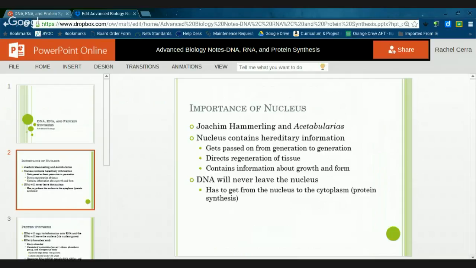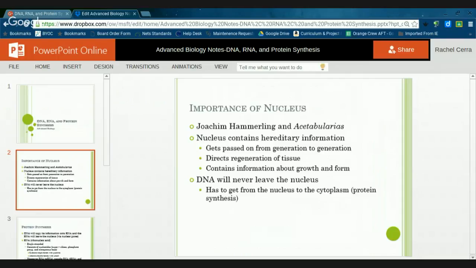But to go through a little bit of review here, your nucleus is the structure that contains our hereditary information, and that's what is passed from generation to generation, from parent to offspring, whether it's through asexual reproduction and the parent becomes the offspring by dividing, or it actually gives rise to and creates an offspring.